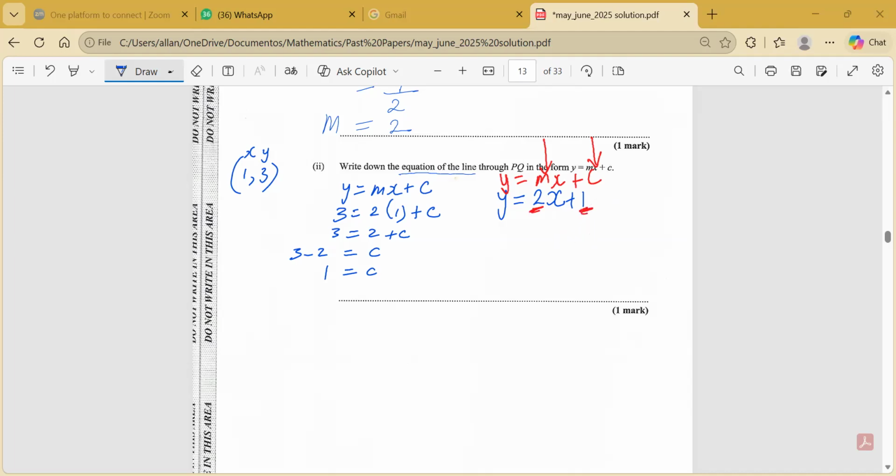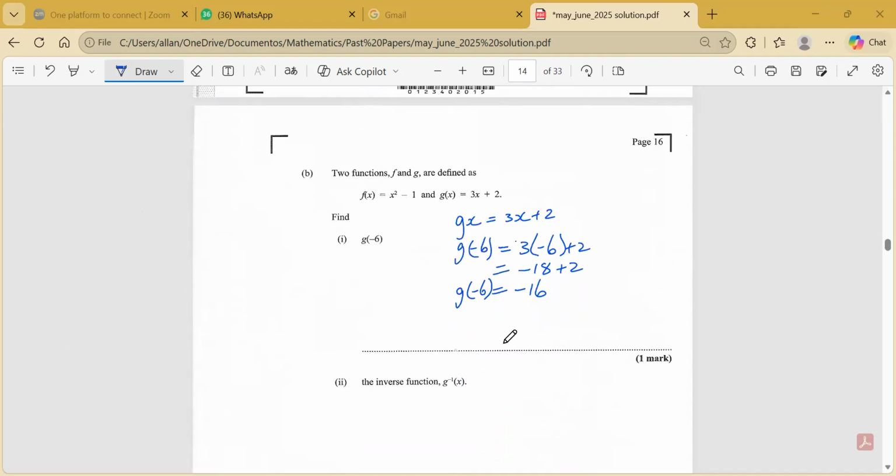That is what you're changing. All right? That's why you have to find for the two constants. All right, so now that we've found the equation, 1 mark, let's move on.